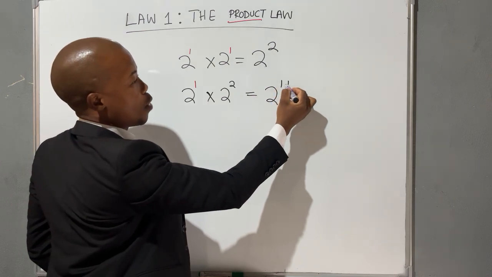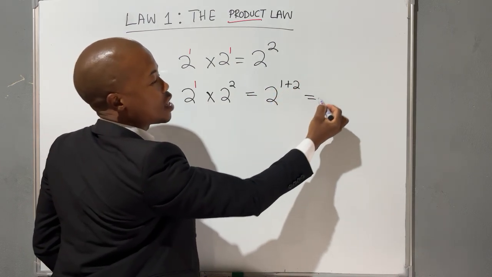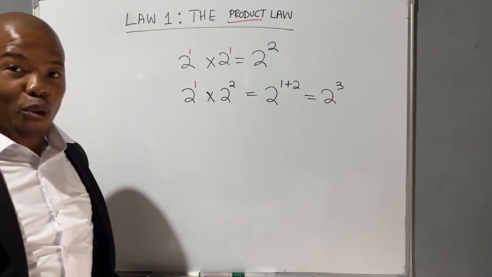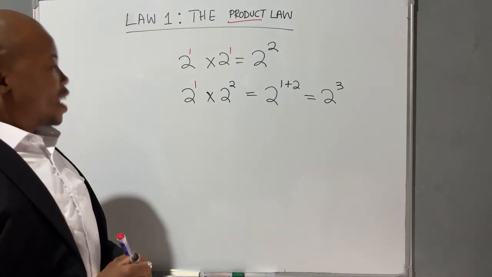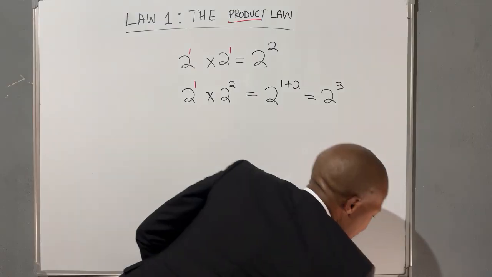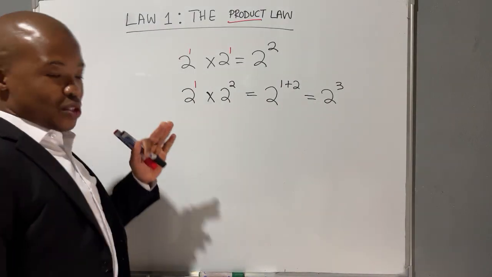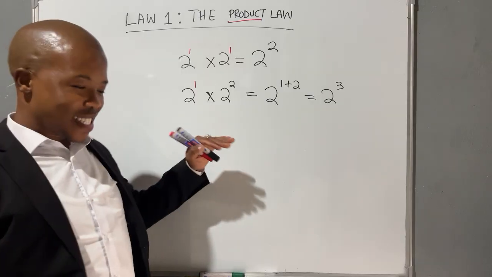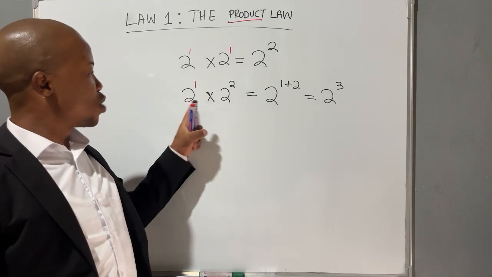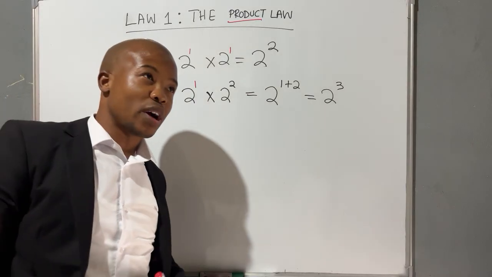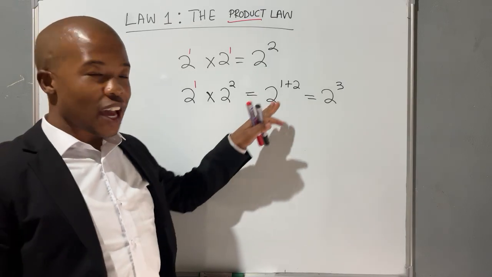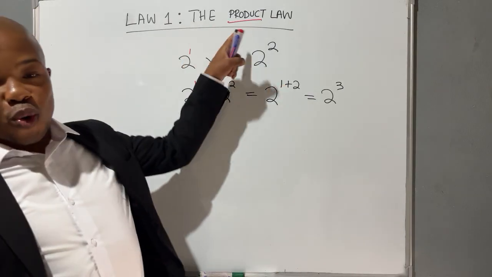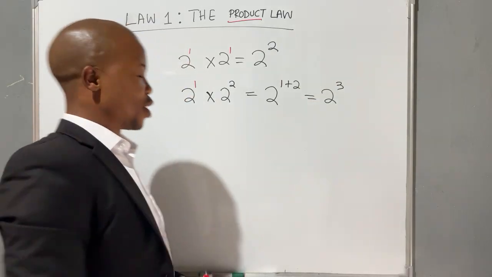It's going to be 1 plus 2, in this case 2 to the exponent 3. Are we together? That's what the law is saying. When the bases are the same, in this case 2 and 2, you keep the base and you add the exponents. That is the product law.